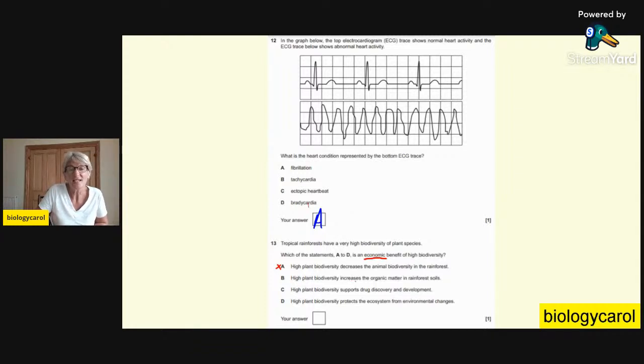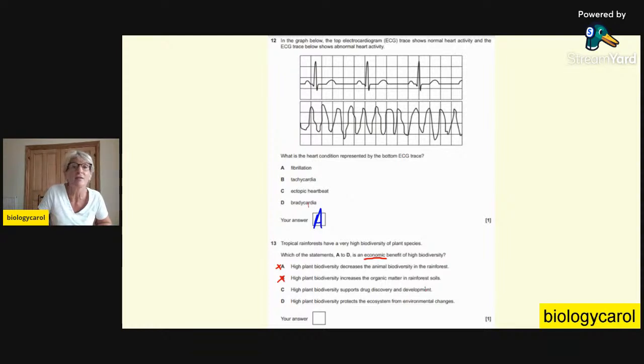B, high plant biodiversity increases the organic matter in rainforest soils. Yeah, almost certainly true, because if you've got high plant biodiversity, when they decompose, lots of organic matter goes into the soil. But not an economic benefit. C, high plant biodiversity supports drug discovery and development.